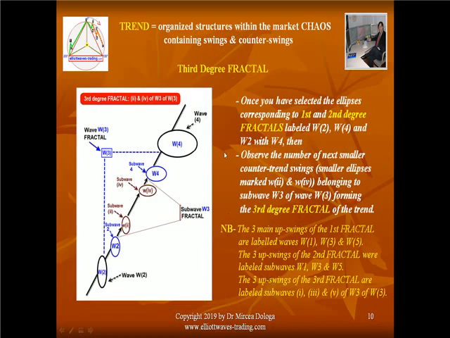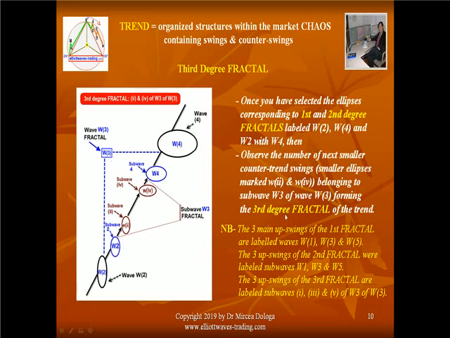Let's go even deeper and talk about the third degree fractal. Once we have selected the ellipses corresponding to the first and the second degree, labeled W2 parentheses, W4 parentheses, right here, and then we go on and identify the W2 and W4, which, like we said, belong to W3 parentheses.